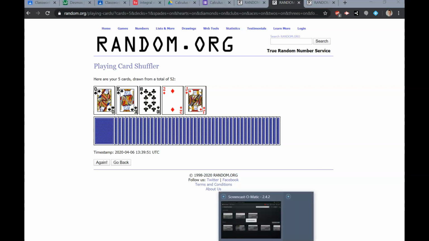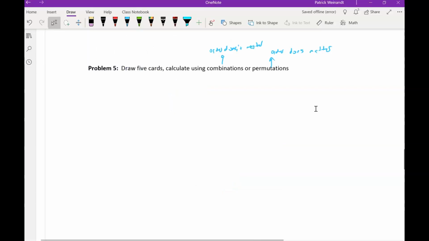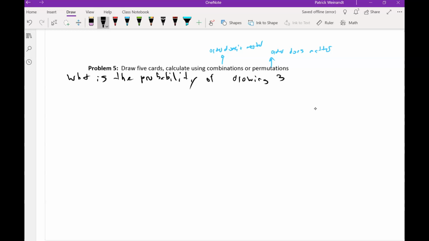So, draw 5 cards. And we're going to go back to theoretical probability. What is the probability of drawing 3 face cards and 2 non-face cards?